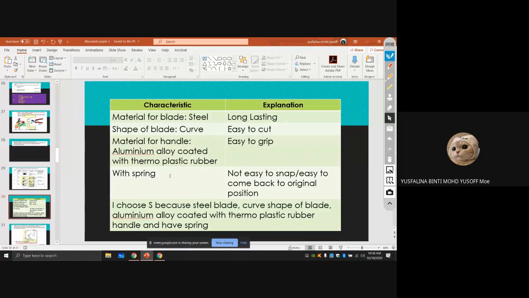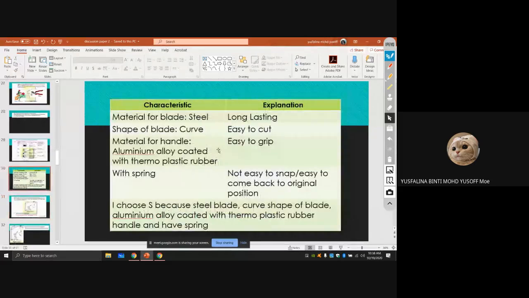Weak spring. Why? Because not easy to snap, easy to come back to its original position, because it's elastic. So the one I choose is S, because steel blade, curved shape of blade, aluminium alloy handle coated with thermoplastic, and have spring.